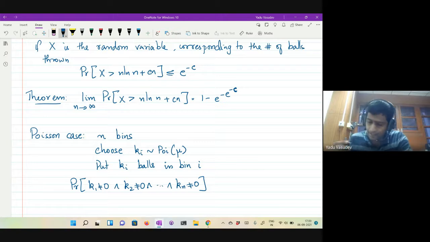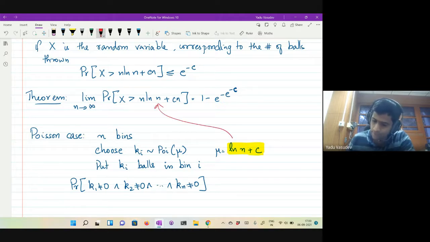And in our case, mu is going to be something like ln n plus c. Right? So it's not hard to see why this is being chosen, because of what we're going to prove. So this is the mu that we are going to choose. We are going to choose k_i's based on the Poisson distribution with mean ln n plus c.